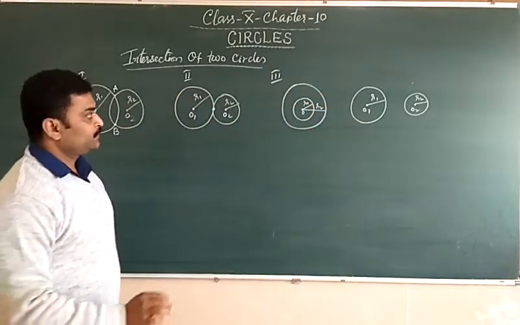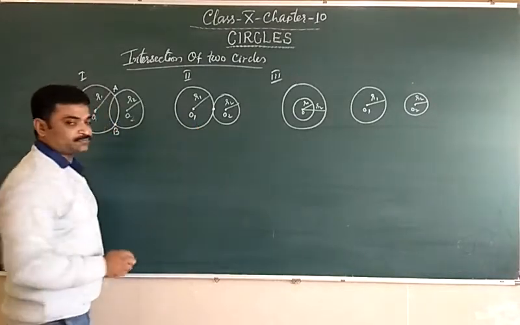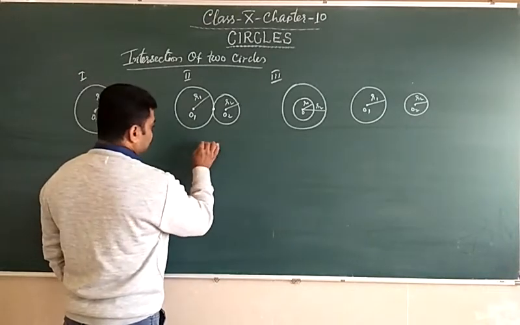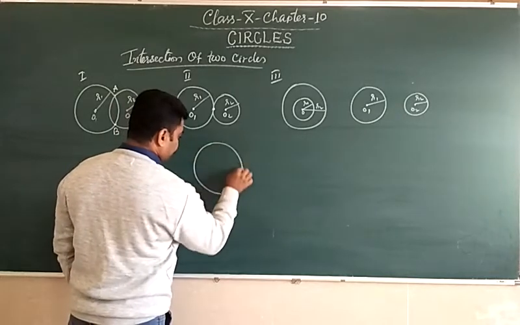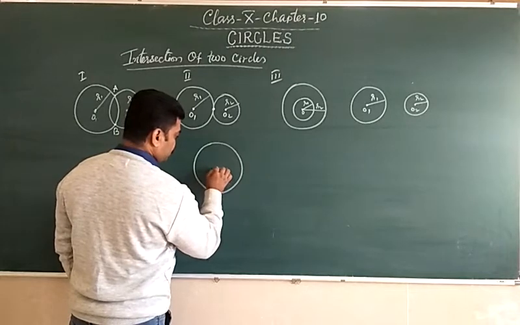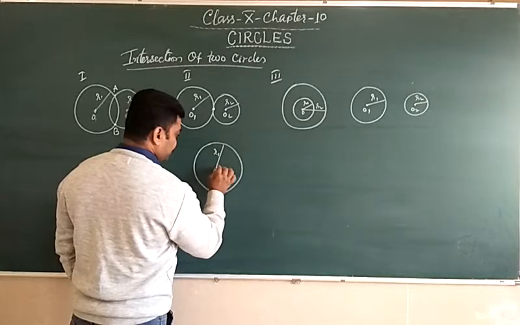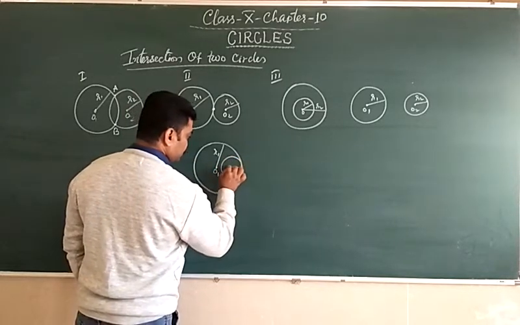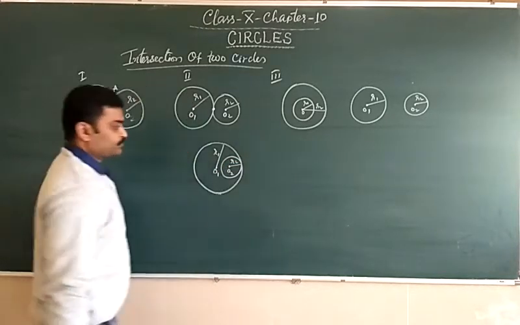Clear? See, one thing. In the second case, it also happens like this. It is center O1 and radius R1, and second, center O2 and radius R2.